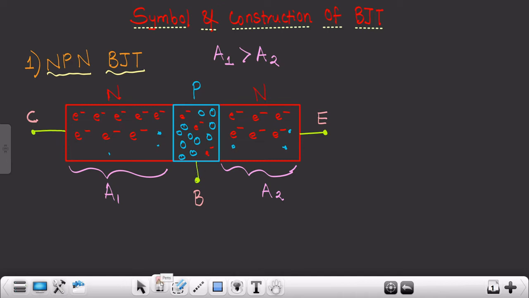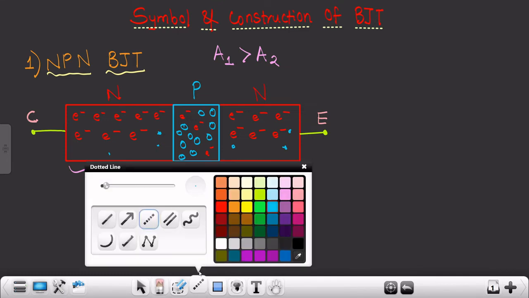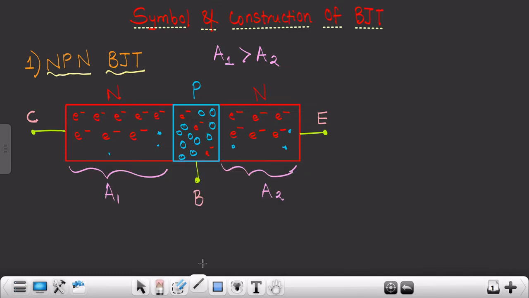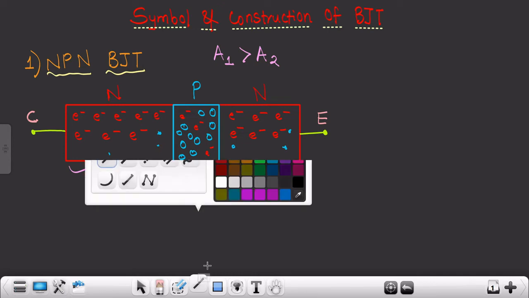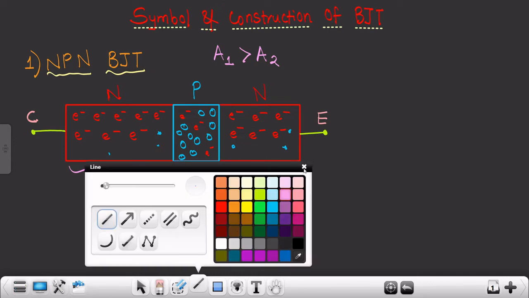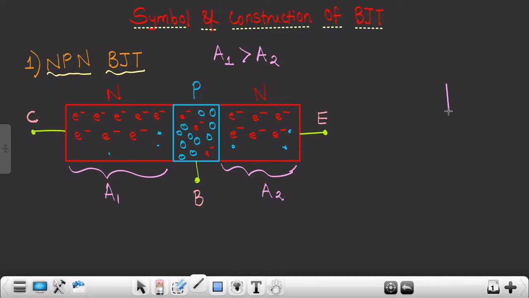And now we will study the symbol for this particular transistor. So let me draw the symbol as well. Just a second, I will draw the symbol. So this is how the transistor will look like. Maybe I will take a different color. Yeah, I think purple will be good. So this is how the BJT transistor is going to look like.